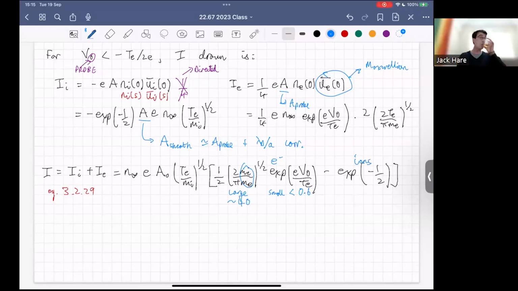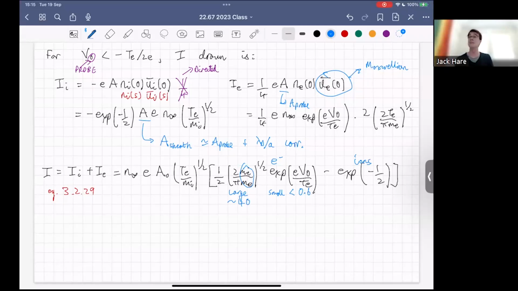Have we discussed how you find the area of the sheath, or is that just right now theoretical? So what I've said here is that the area of the sheath is basically the area of the probe. Beyond that, we haven't discussed that. There's a long discussion in Hutchinson about it. Effectively, there are corrections on the order of the Debye length to it, which may or may not be important.